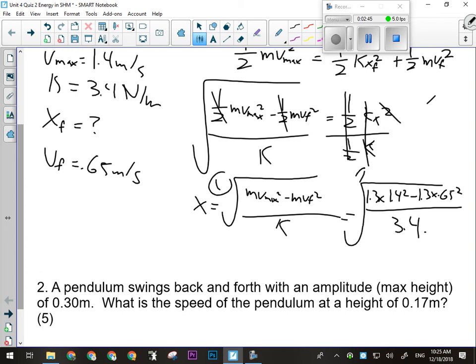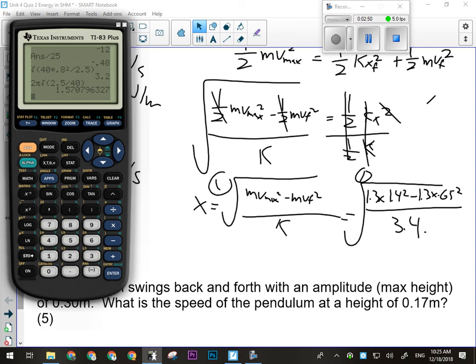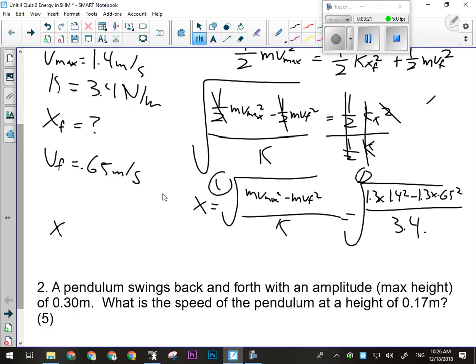So they can have a mark for that, and that'll tell us that x, so 1.3 times 1.4 squared minus 1.3 times 0.65 squared, and then divide by 3.4, and then square root. So we're looking at a displacement of 0.77 meters.